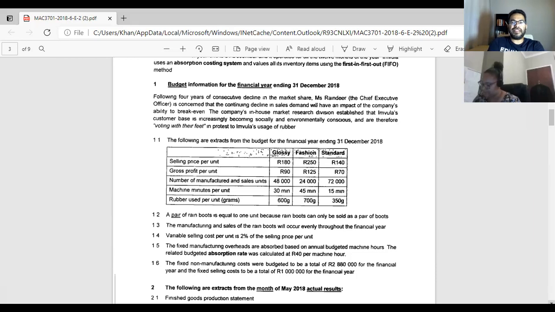The way you calculate the fixed manufacturing overhead rate is as follows. Fixed manufacturing overhead rate equals budgeted fixed overheads divided by budgeted activity.